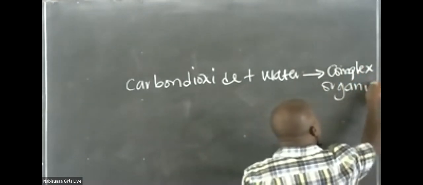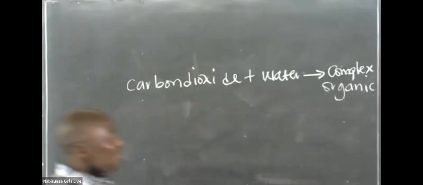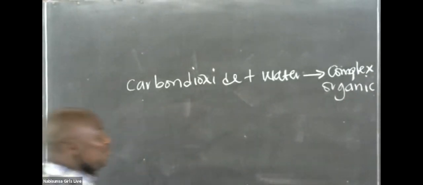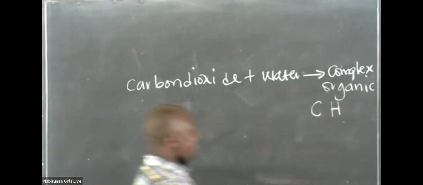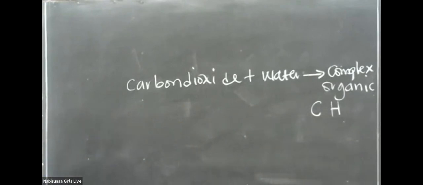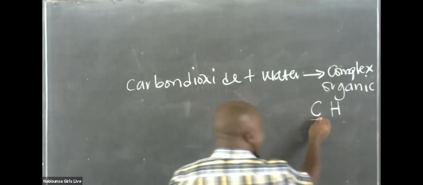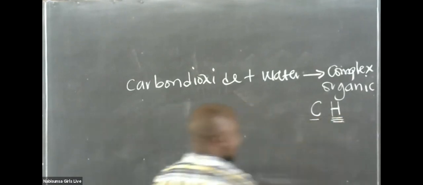Now, whenever we are looking at something which is organic in chemistry, it should contain carbon and hydrogen.